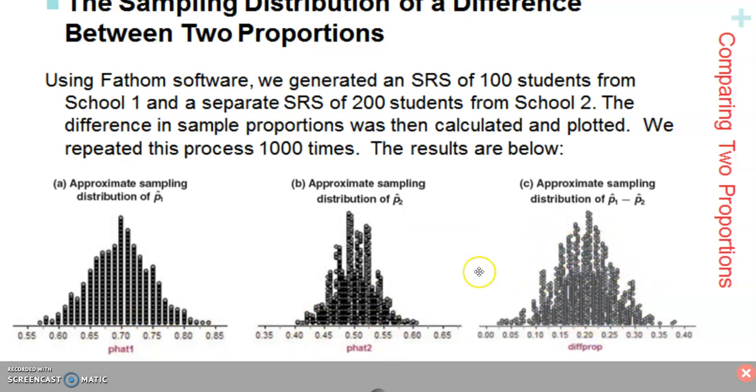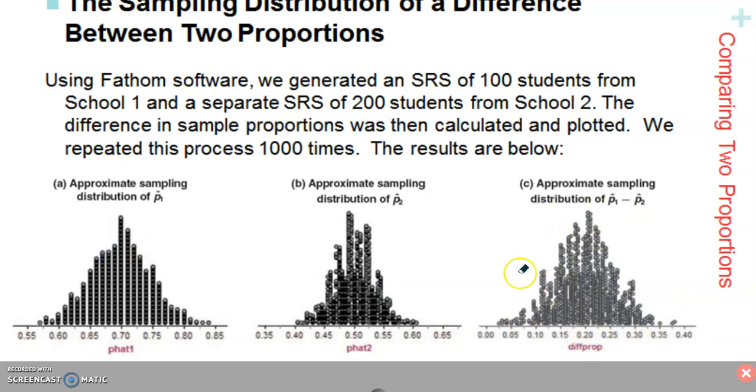It is the difference between, for example, a result from school 1 and a result from school 2, and then when I subtract them, I get this result right here. If you do that 1,000 times, here are all the differences that you get from those 1,000 simulations.